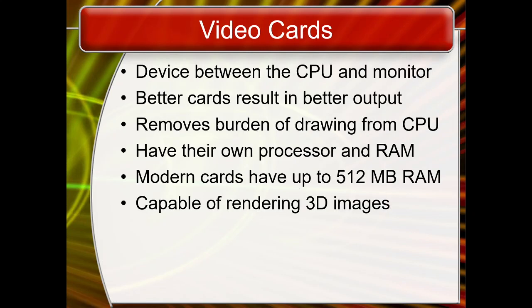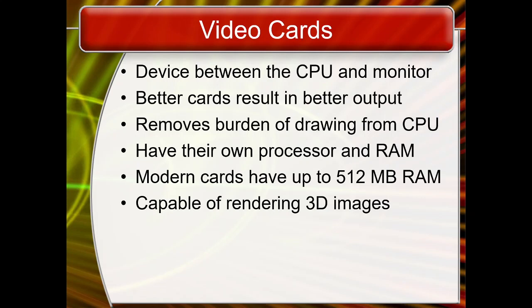The device between the CPU and monitor is referred to as the video card. So a video card is basically a central device which reads instructions from the output device or monitor and forwards them to the CPU. Also they process some information. Better cards result in better output.